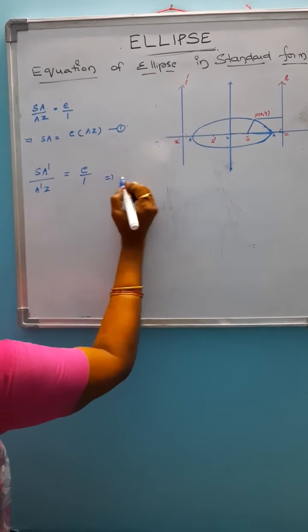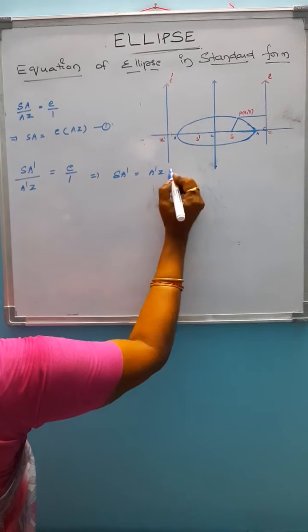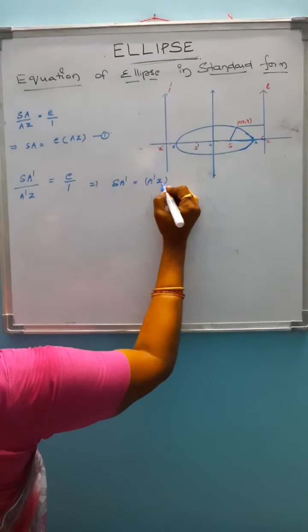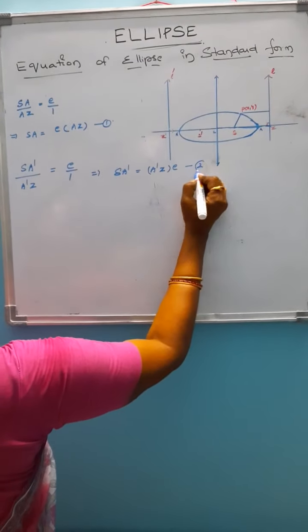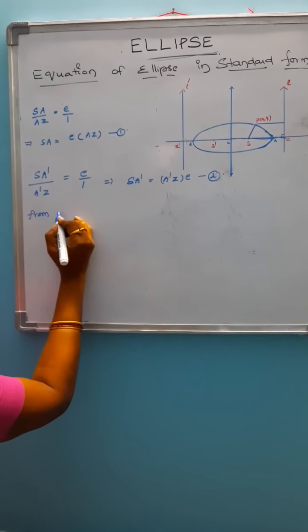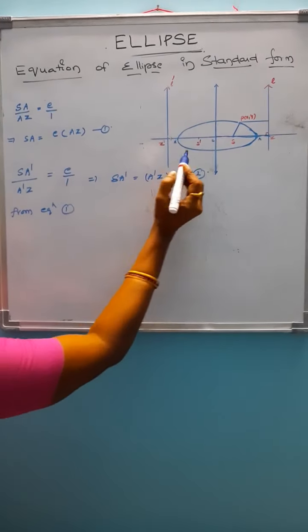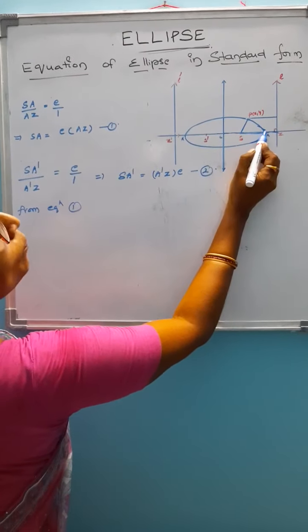This implies SA dash is equal to A dash Z into E. This is the second equation.